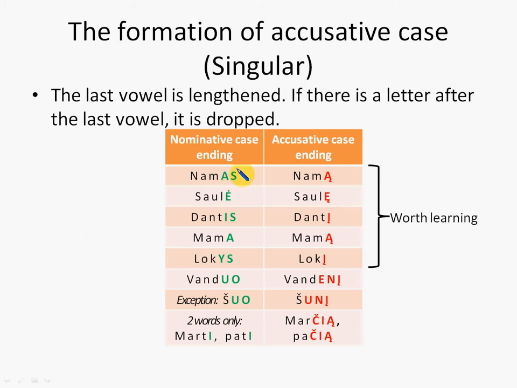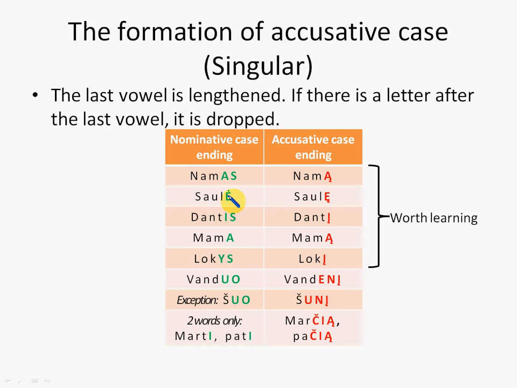So the formation is this. Now, the nominative case. Okay, then a noun. If you take any noun in Lithuanian language, it must have an ending, and it can have this ending, or this ending, and so on. It can have these types of endings. Now, if its ending is us, in the accusative case, it changes to a.